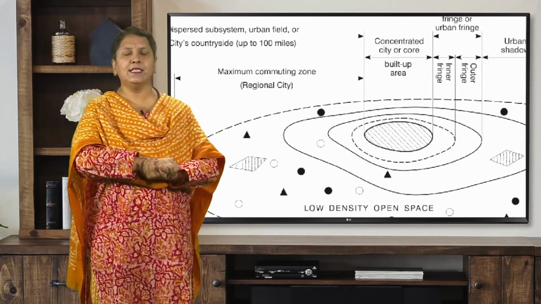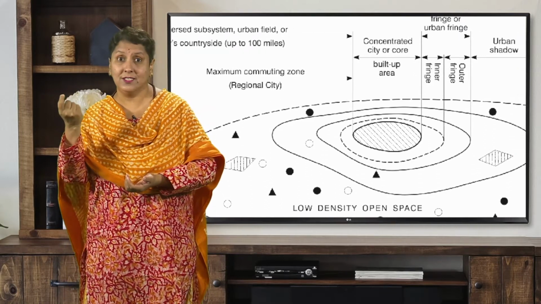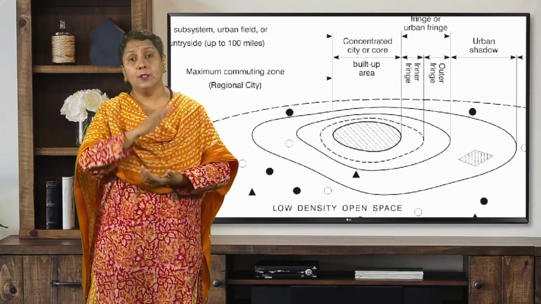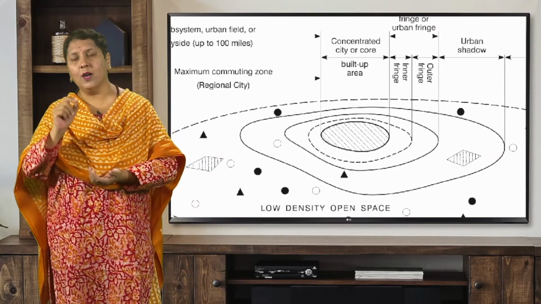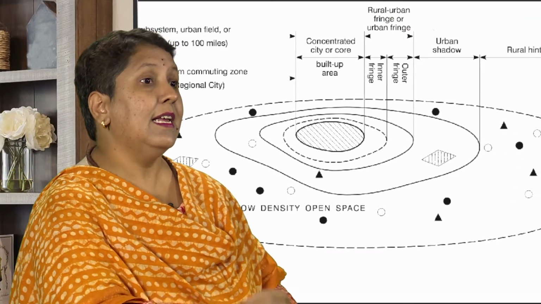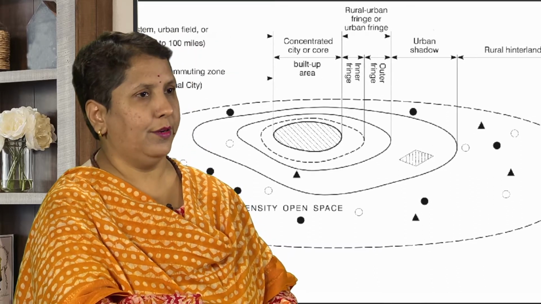Now let us discuss the concept of the rural-urban fringe. RUF, we will be using this short form also. The rural-urban fringe is not only a significant concept in sociological studies, it is also an important theory in settlement geography.